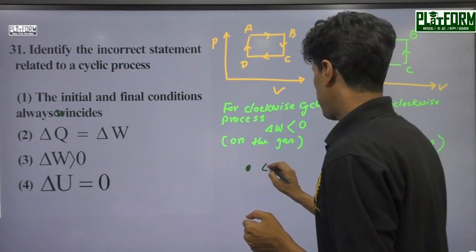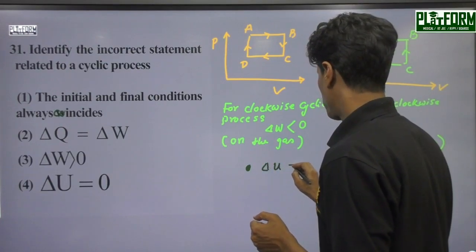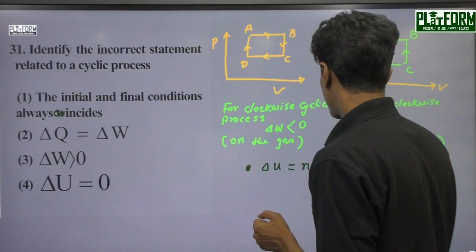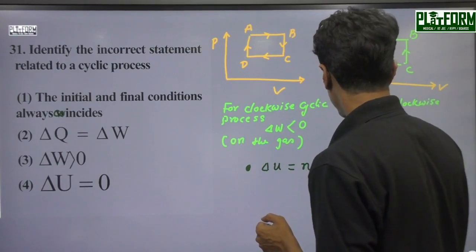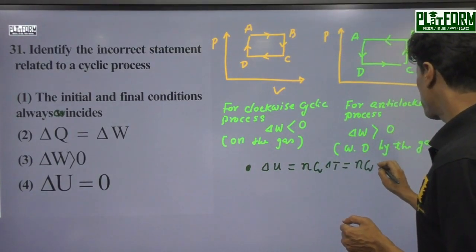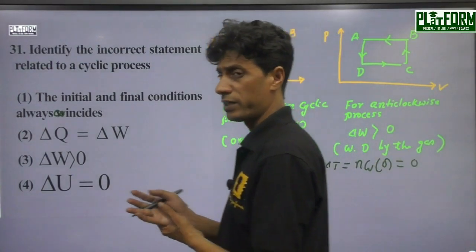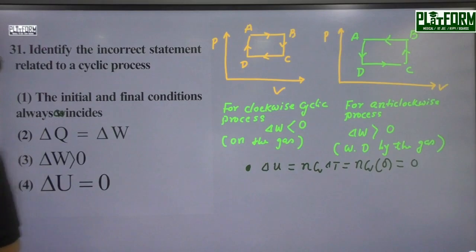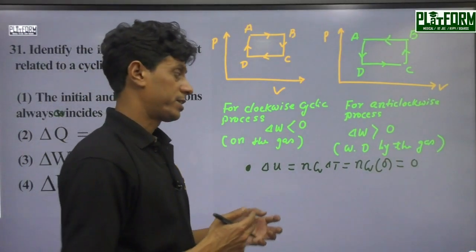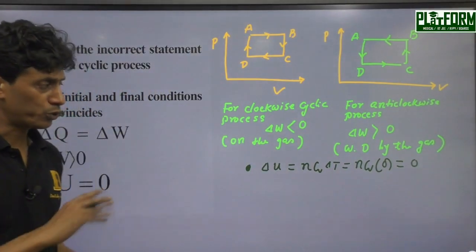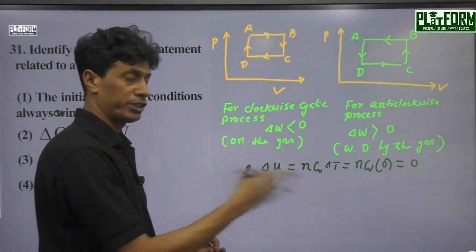And the internal energy change, it is nCvΔT, it is nCv into 0, equal to 0, because the final and initial states are the same state. So the final temperature of the gas is equal to the initial temperature of the gas. So there is no change in temperature, that is, the change in internal energy is 0.